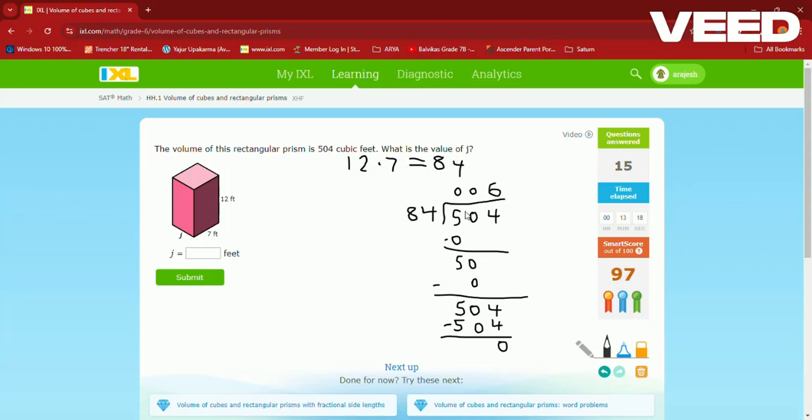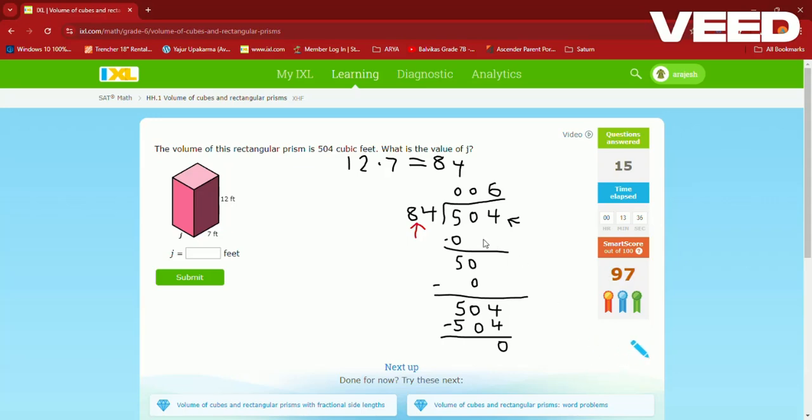Then 504 divided by 84. So I'm going to draw an arrow to represent them. This one here is what's inside. This one is on the outside. Sorry for my stammering.